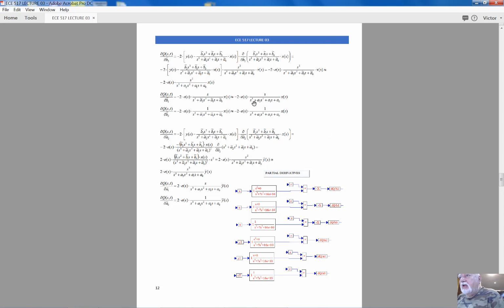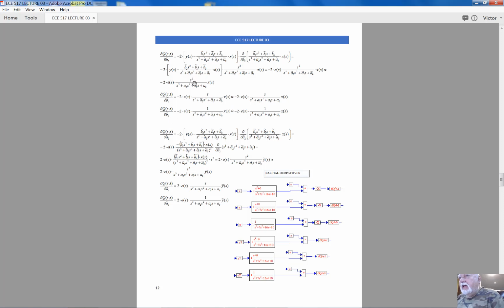A very similar result I am getting right here for the derivative with respect to parameter B1 tilde, and a similar result when I take the derivative with respect to parameter B0 tilde.